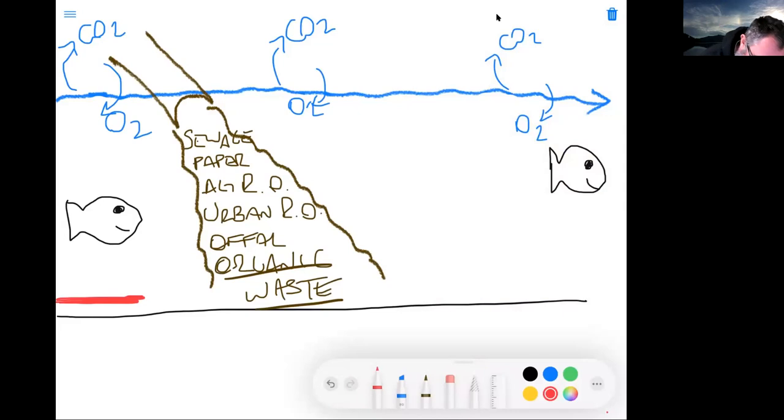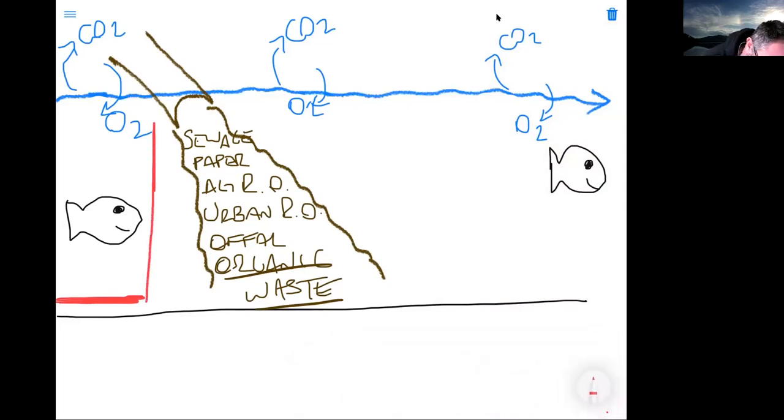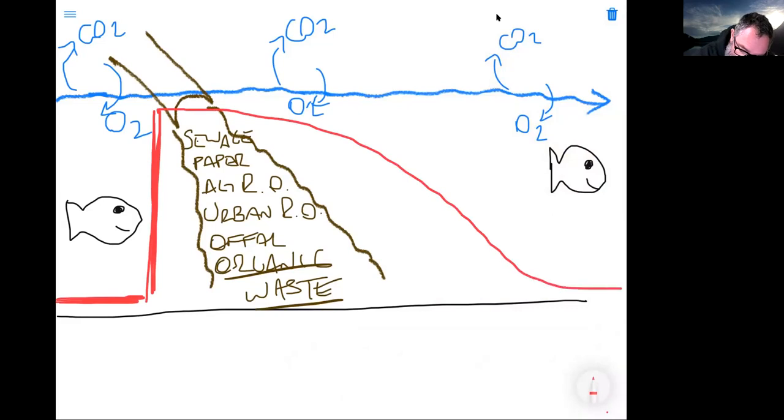Well, the demand for oxygen will spike when you feed the decomposers. And their activity will slowly decline until they've eaten up all the stuff.